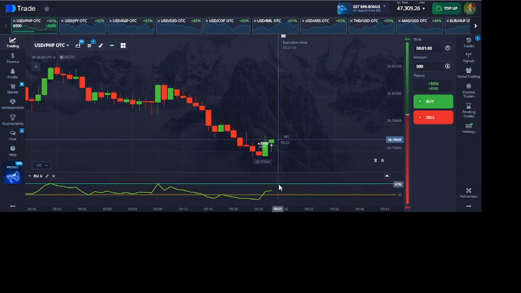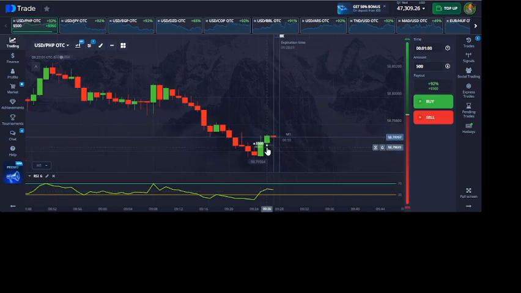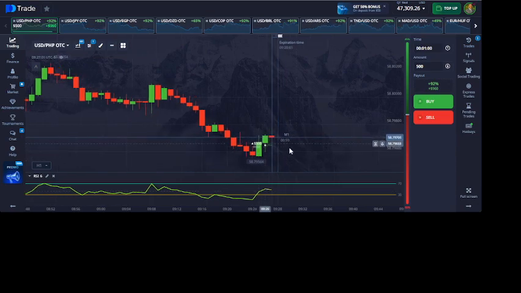And this is why I took the buy trade. I didn't take it here. You don't want to take it here because it actually didn't cross over the 30 line. It stayed below the 30 line for a while, but then as soon as it crosses above the 30 line and closes above the 30 line here, this candle closed above the 30 line, and that's where I took the trade here.